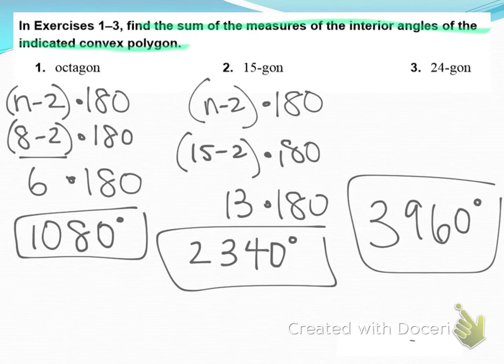5-sided polygon, pentagon. P-E-N-T-A, gon. 6-sided, hexagon. 7-sided, heptagon. 8-sided, octagon. 9-sided, nonagon.